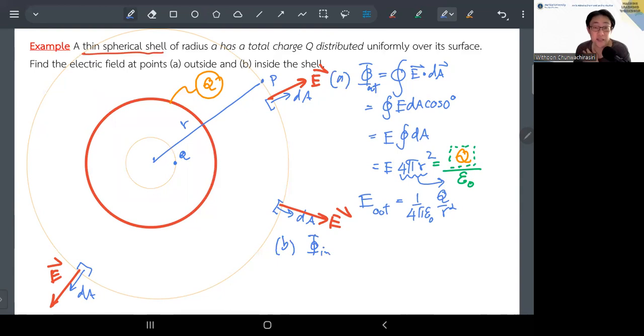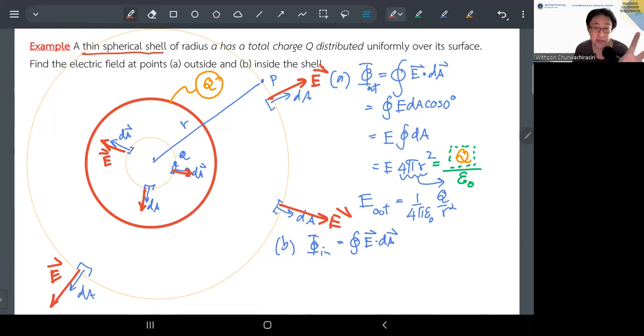For the inner sphere, you still want to calculate E dot dA. You start to get sick of this. It's a sphere, so dA points out in the radial direction everywhere, just like before. And due to the symmetry, the electric field is supposed to point out in the radial direction. It doesn't really matter which direction you're talking about.